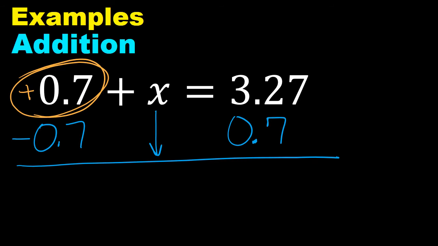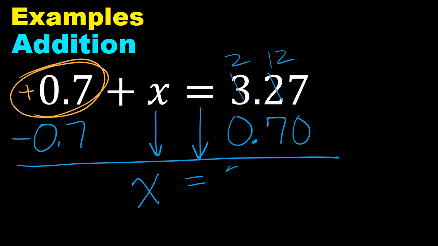Let's bring down our variable x, bring down our equal sign, and let's subtract these now. So let's add our 0, and you can see I'm just subtracting away here. So I'm left with 2 and 57 hundredths. If I was going to add 0 and 7 tenths back to it, I know that I have 3 and 27 hundredths.